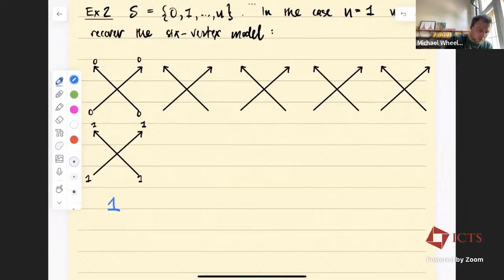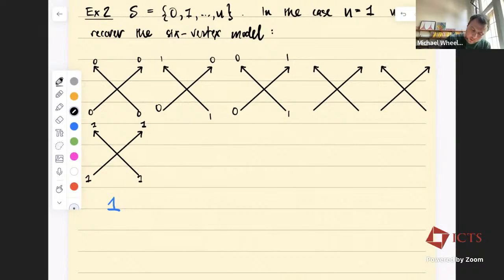But then there are these other cases. Let's suppose I have 0, 0, 1, 1, or I could have 0, 1, 0, 1. I can have 1, 0, and I can also have this. So that's all 6 possibilities. I'll record very quickly what these weights end up being, writing them out in the fully most explicit form.